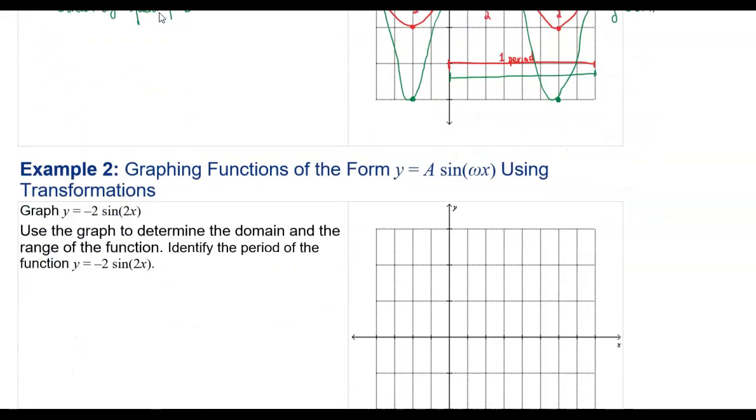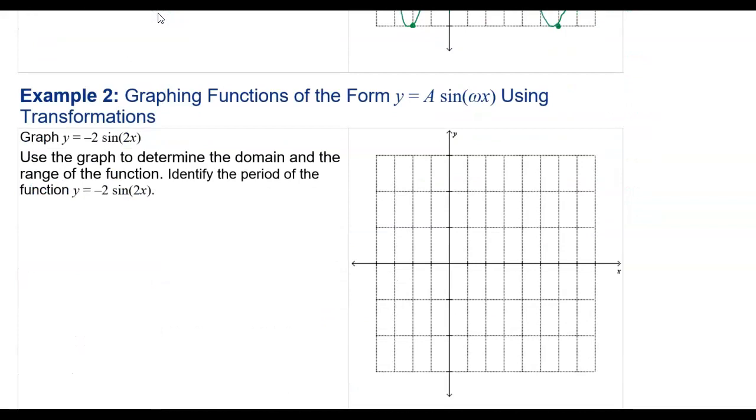All right, let's go ahead and do this again, but we're going to get a little bit more complicated here. It says to graph y equals -2 sine of 2x. Just like before, I'm going to graph y equals sine x first. I have my pi over 2, my pi, my 3 pi over 2, and my 2 pi.